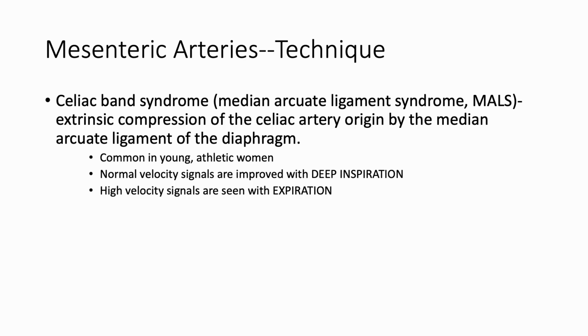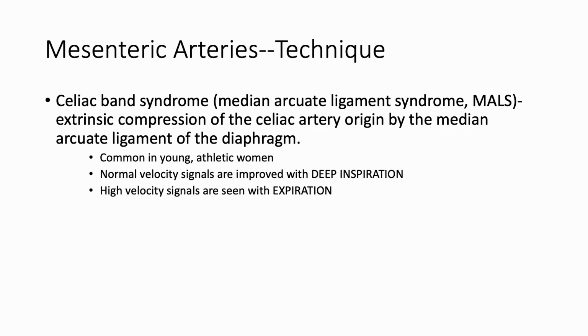So this is what happens basically. And I have seen this in quite a few young females. The median arcuate ligament of the diaphragm compresses the celiac artery, specifically when the patient exhales.